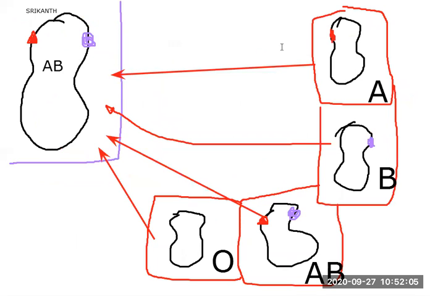The AB blood group person has both A and B. So that's why he doesn't consider anyone as an antigen. That's why we say no antibodies. He is not at all able to produce any antibody. That you have to remember.